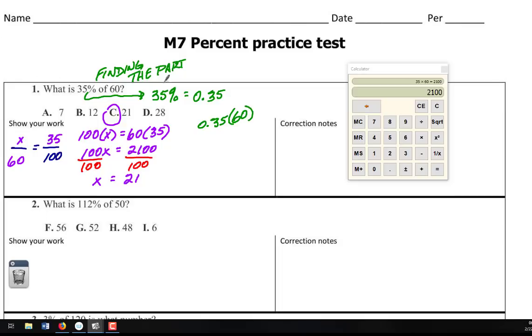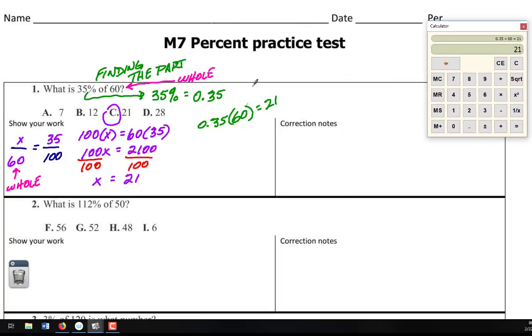In this problem, the 60 right there was the whole. We knew that because we put it in the whole spot in our percent proportion. You can multiply 0.35 times 60, and you will get the 21. That method works anytime you are finding the part. If you're trying to find the percent or you're trying to find the whole, that method doesn't work. But for finding the part, it does.